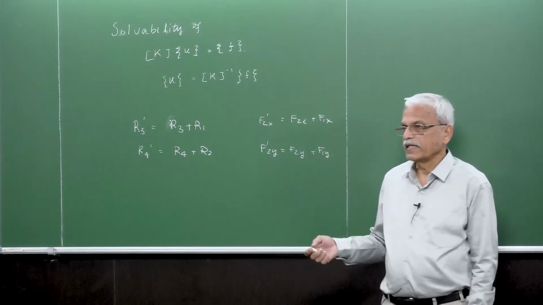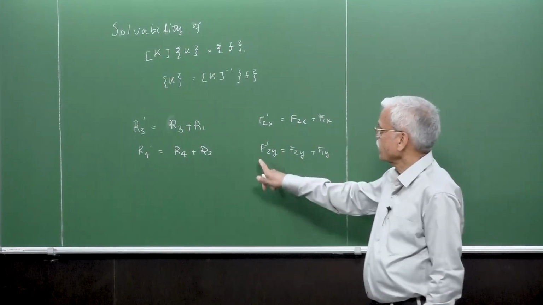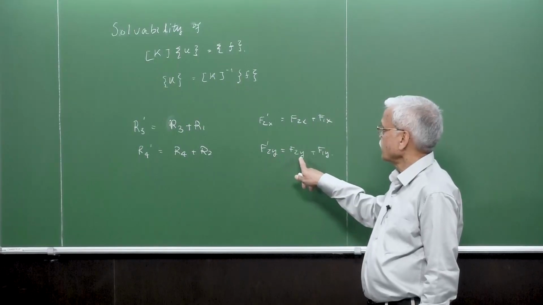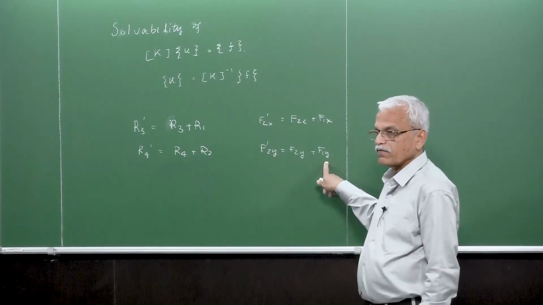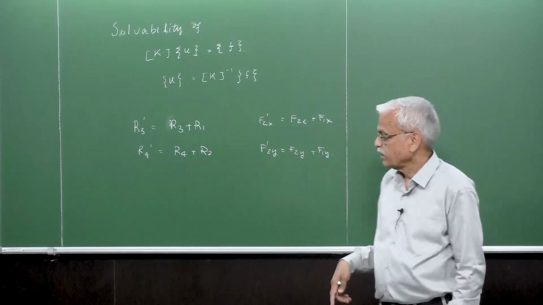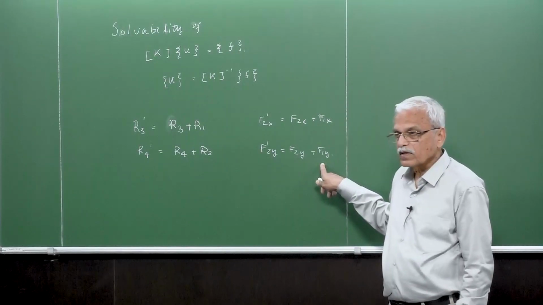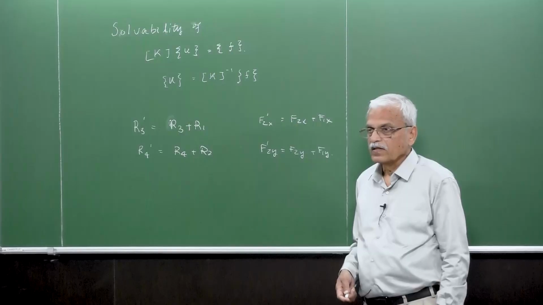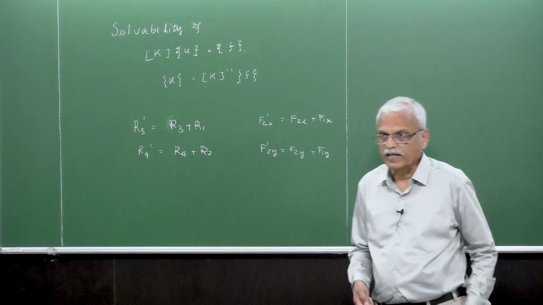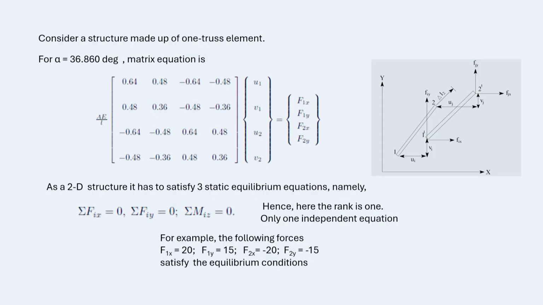And on the right side, the f2y prime, which is written as f2y plus f1y of the previous status, should also turn out to be 0. So then you are left with the first and second rows.